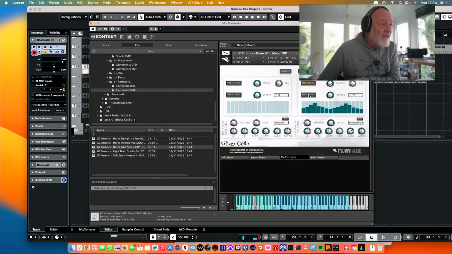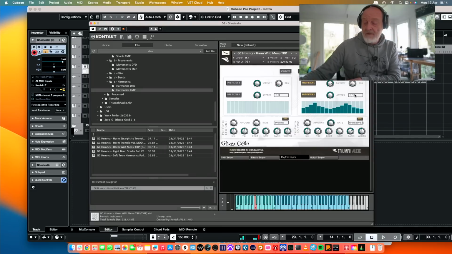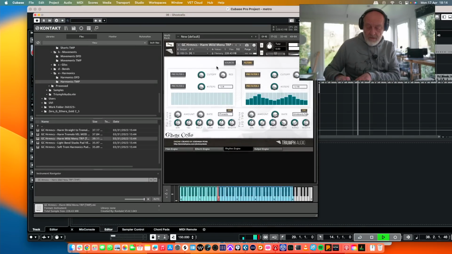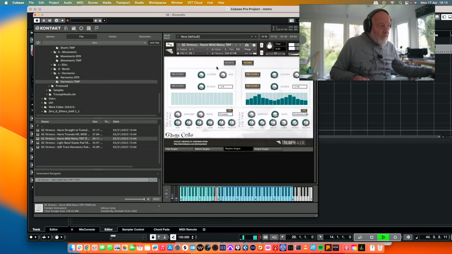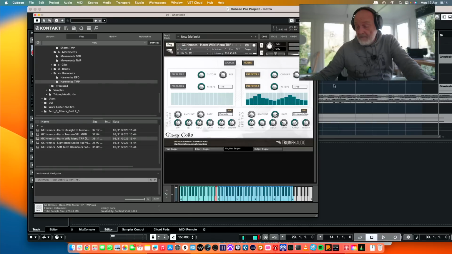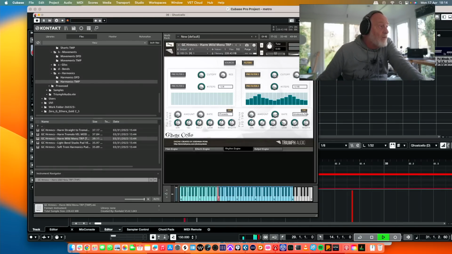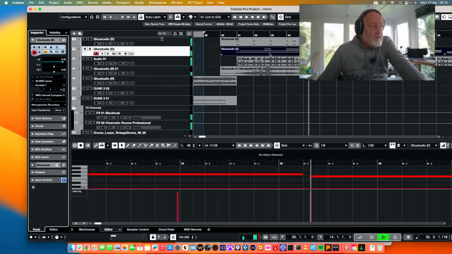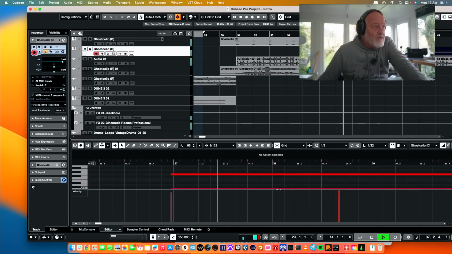I'm still working out how to use this bit. Okay, quite like that. Put it later.